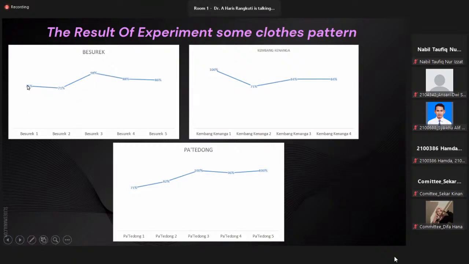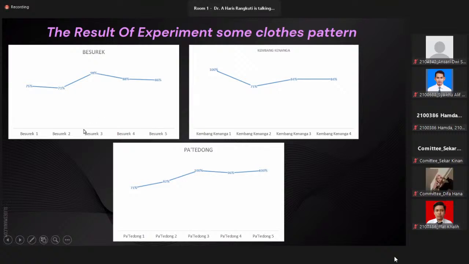The first is Bisurek, using Bisurek 1, 2, 3, 4, 5, and the highest is Bisurek 3, because Bisurek 1, 2, 3 have different models with the same name but different patterns, and Bisurek 3 has almost 98% accuracy. Kembang Kenanga 1, 2, 3, 4, the highest is almost 100% accuracy.